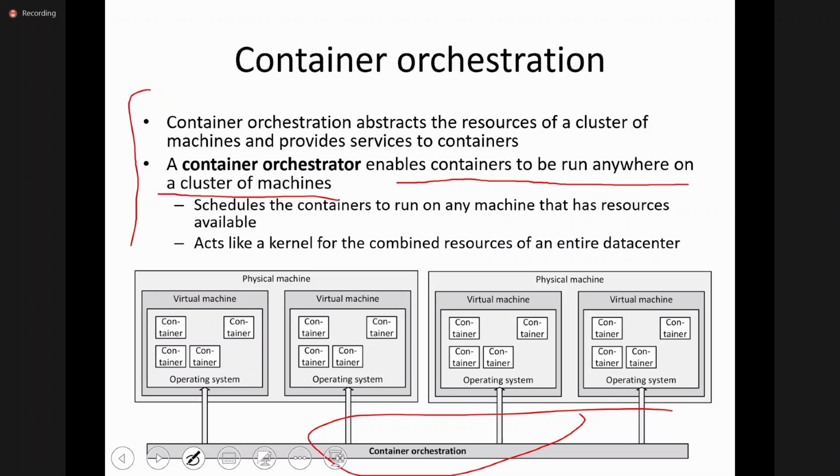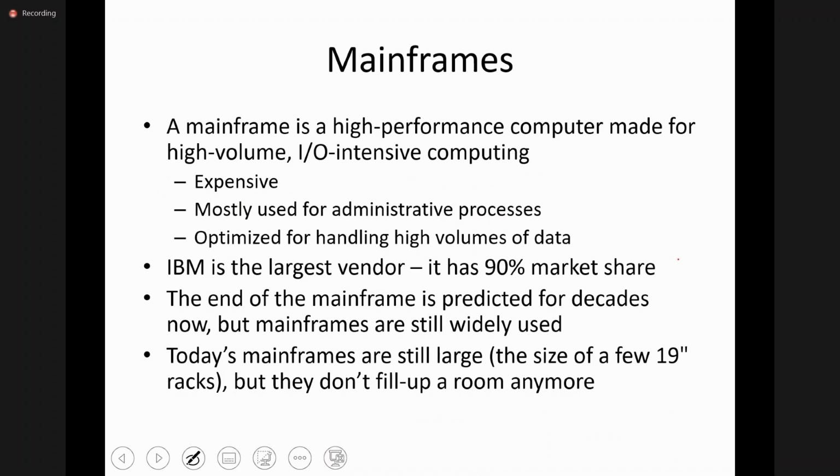This is container orchestration. It schedules containers to run on any machine that has resources available, and acts like a kernel for the combined resources of an entire data center. So now we have finished the data center.